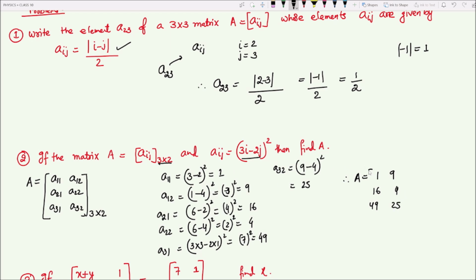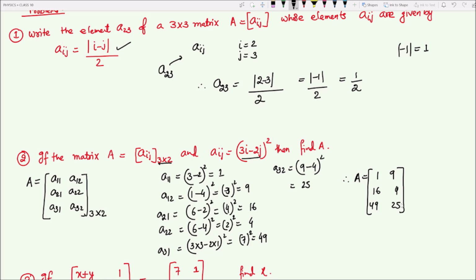So this is the construction of matrix A with this result.